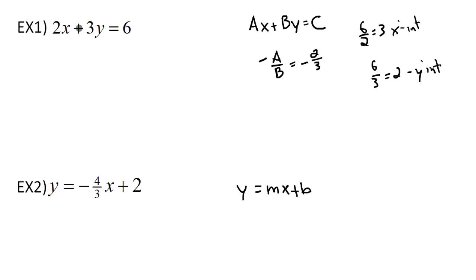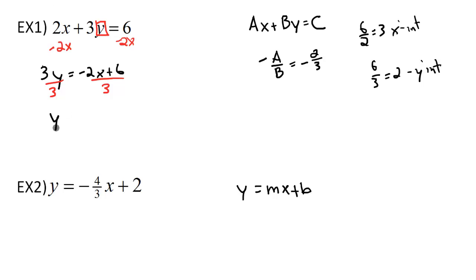If we wanted to write it in slope-intercept form, all we would do is subtract 2x from both sides because we want to get it equal to just y. So we want to get that y by itself. So now we'd be left with 3y equals negative 2x plus 6. And then we want to, again, get this y by itself, so undo the multiplication of 3 by dividing it.